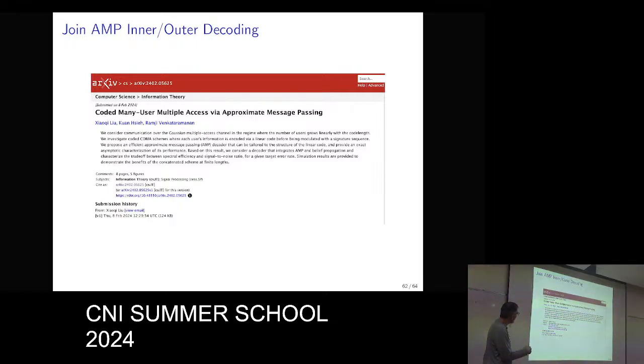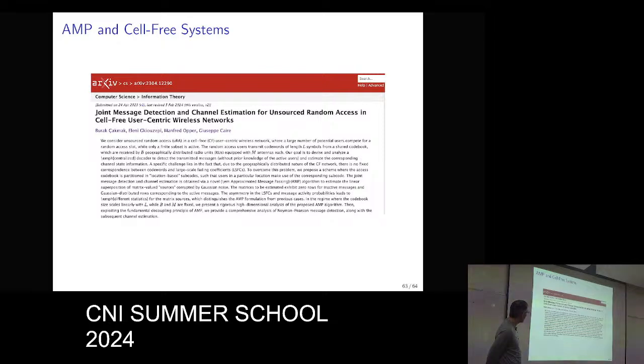In this paper with Liu and Xie, he uses an AMP algorithm for a coded multi-user system. It's slightly different from ours, but I thought it was quite nice that they get good results with a denoiser structure that was similar to ours.